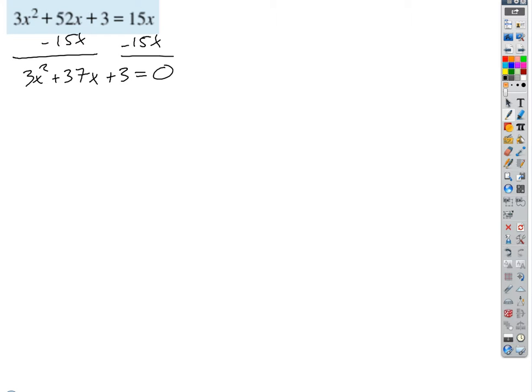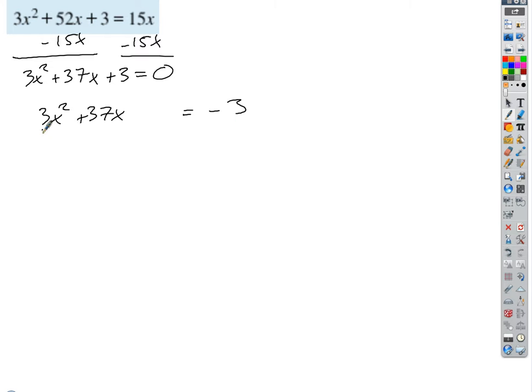Okay, right, okay, so then, now what? So we're going to chase the 3 to the other side. So 3x squared plus 37x, leave a space, equals -3.